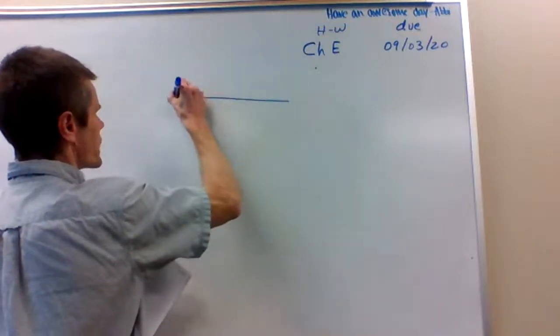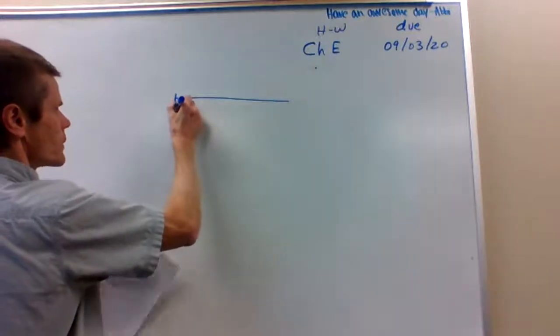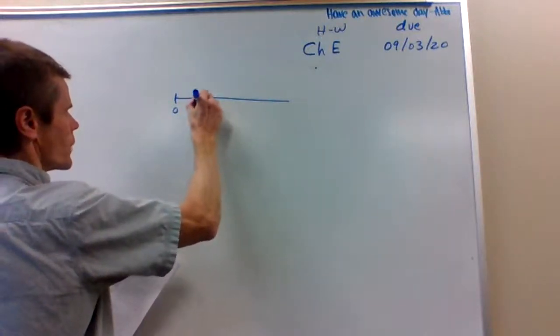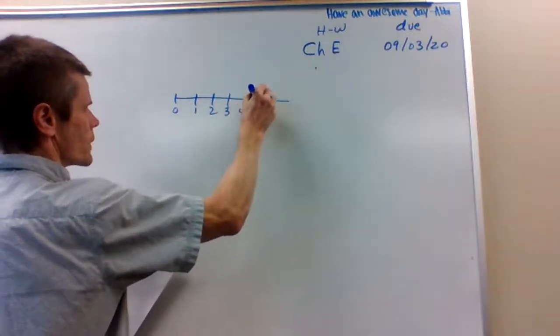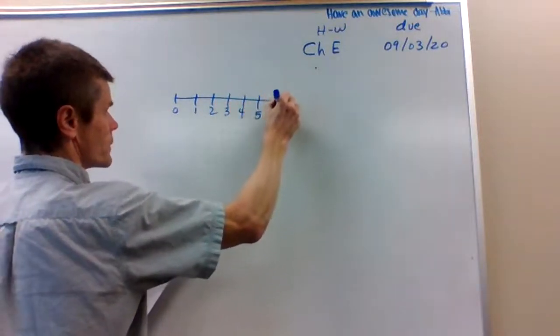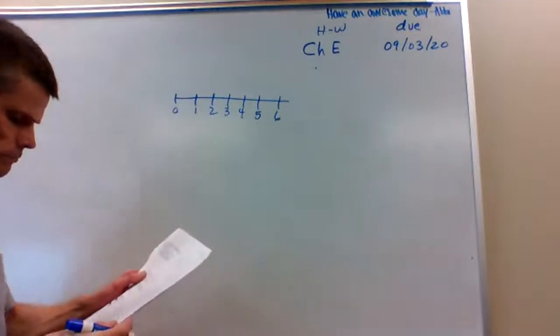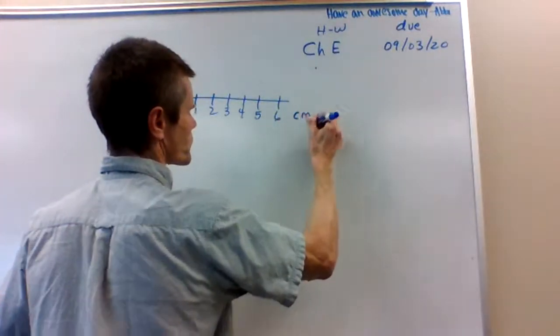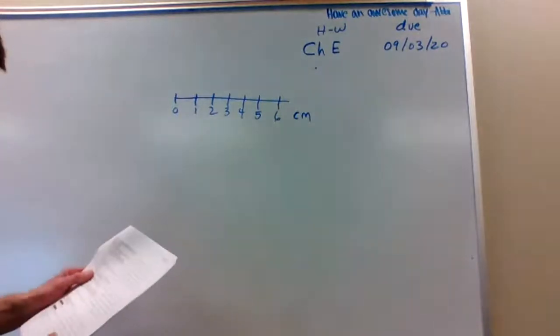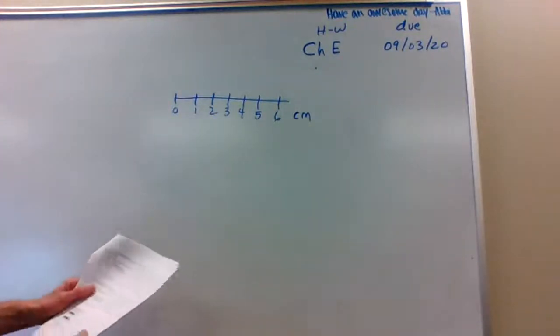And we're going to look at a scale marking 0, 1, 2, 3, 4, 5, 6. I'm going to end there. And these are in centimeters. And let's put our bullet on this scale marking.